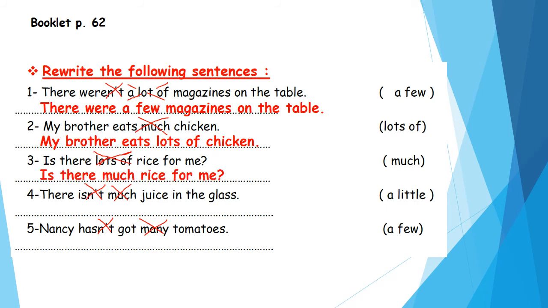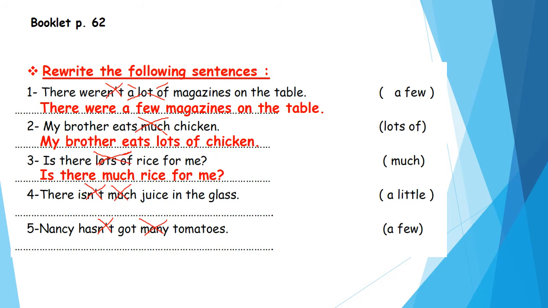Number 4. There isn't much juice in the glass. Rewrite the sentence with a little. I want you to remember we use a little with uncountable nouns, affirmative sentences, which means without not, and questions. So look at this sentence: There isn't much juice in the glass.